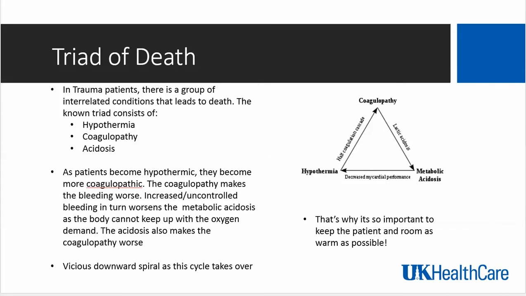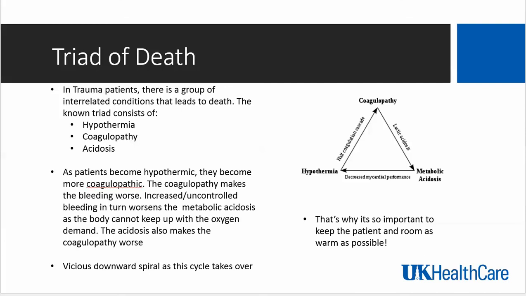So what is the triad of death? In trauma patients, there's a group of interrelated conditions that leads to death. The known triad consists of hypothermia, coagulopathy, and acidosis. As these patients become more hypothermic, they become more coagulopathic. The coagulopathy makes the bleeding worse.